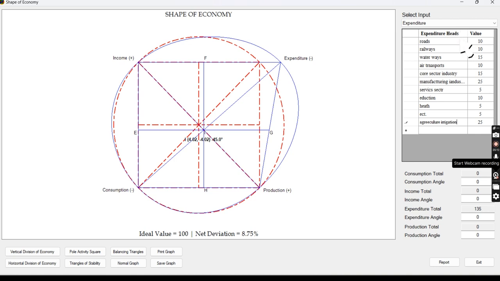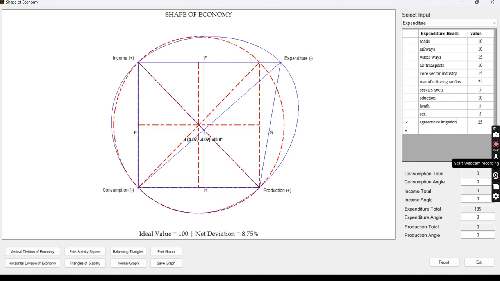The most productive activities are expenses on roads, railways, waterways, air transport, core sector industries, manufacturing industry, service sector, education, health, etc. And most important is agriculture.